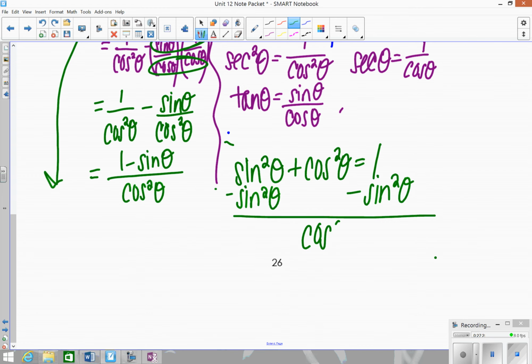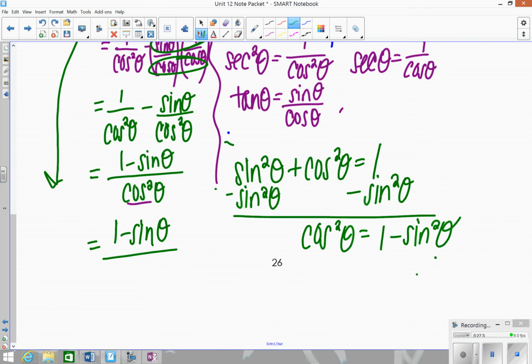So I get cosine squared theta equals 1 minus sine squared theta. And then that'll allow me to replace this. So I have up top 1 minus sine theta. At the bottom, instead of cosine squared, I have 1 minus sine squared theta.